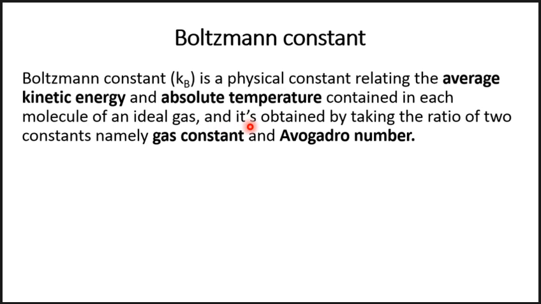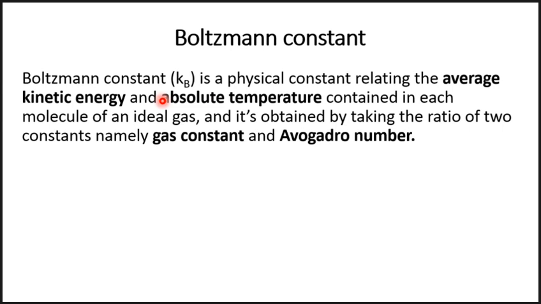It is obtained by taking the ratio of two constants, namely the gas constant and Avogadro's number or constant. We are going to see how this plays out in the course of the lesson.